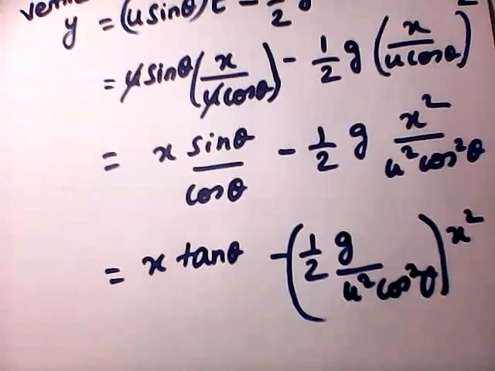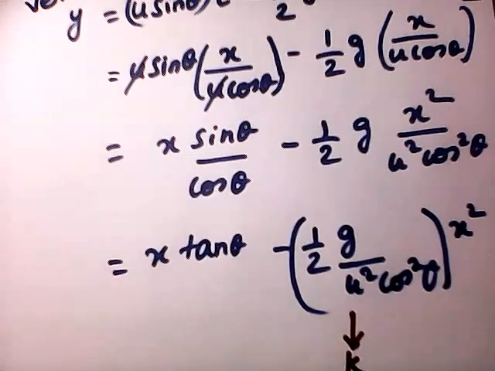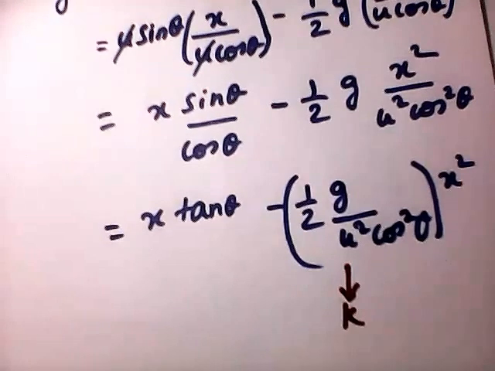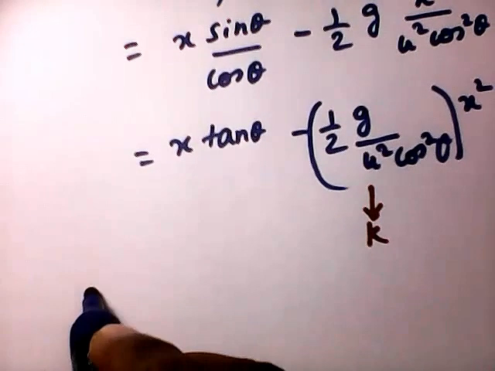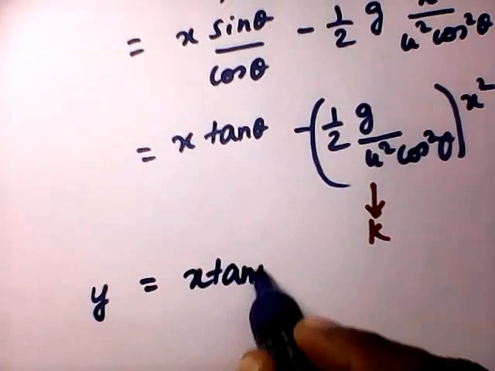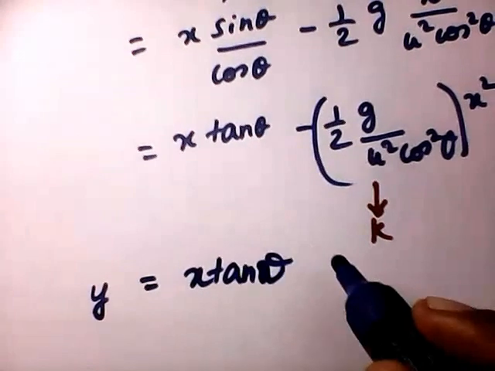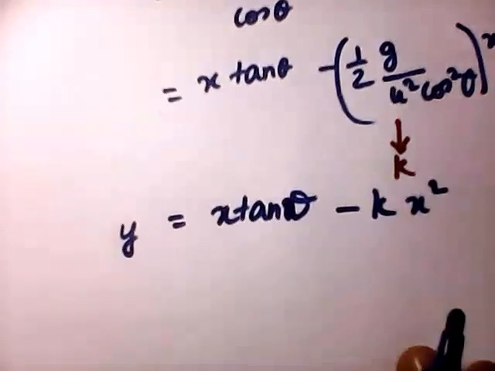Let us consider this bracket term as some constant k. Assuming the value is k, y becomes y is equal to x tan theta minus k x square.